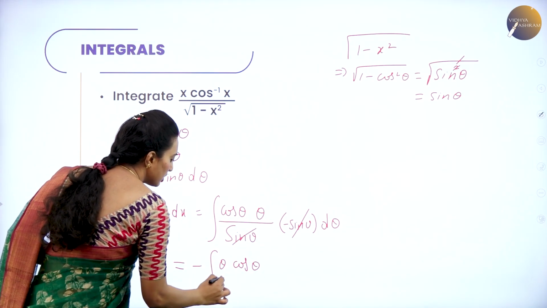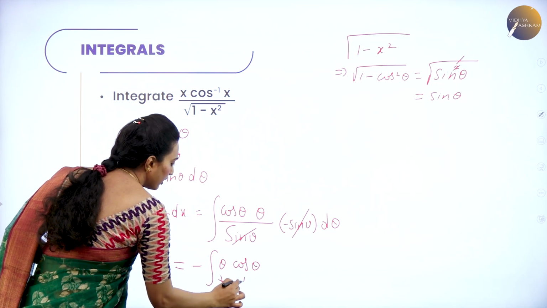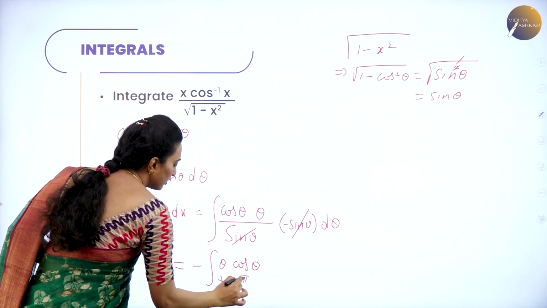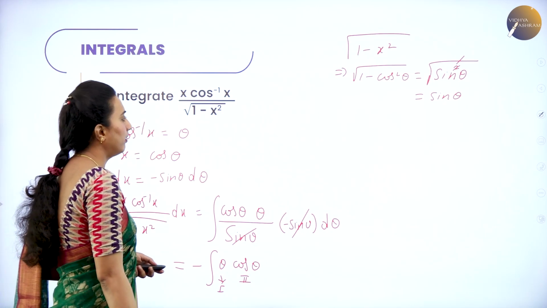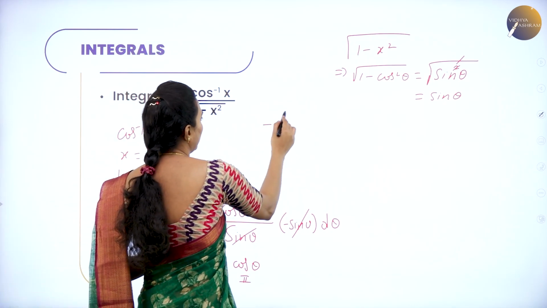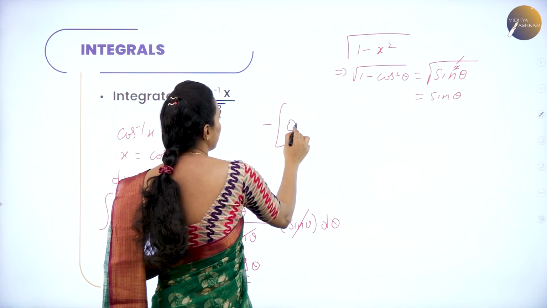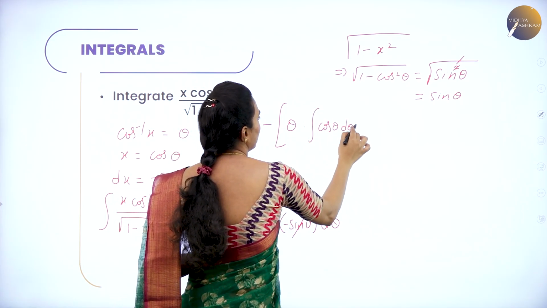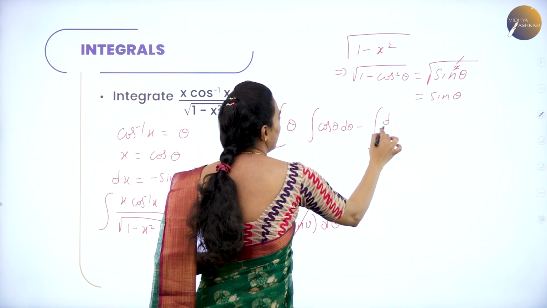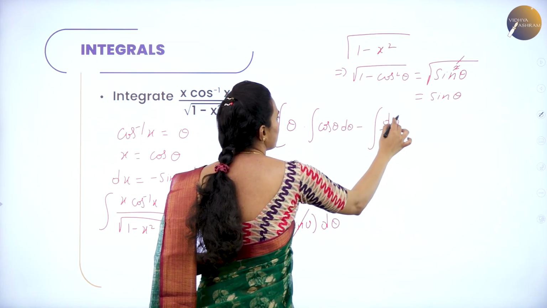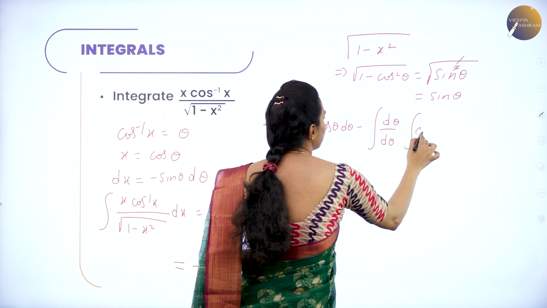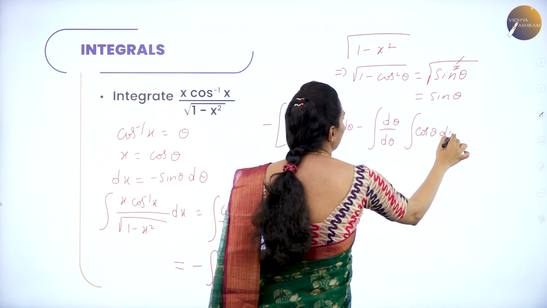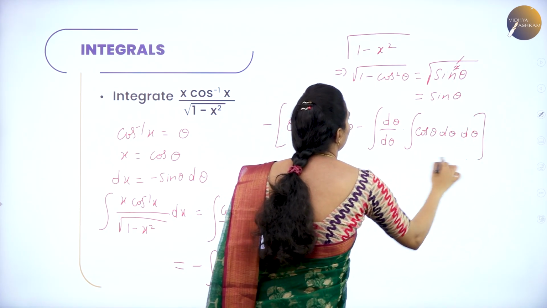Now which is the first function? This is the first function and this is the second function, right? Now you can have accordingly, minus sign is there, first function into integral of second function minus integral of d by d theta of first function into integral of second function into d theta.